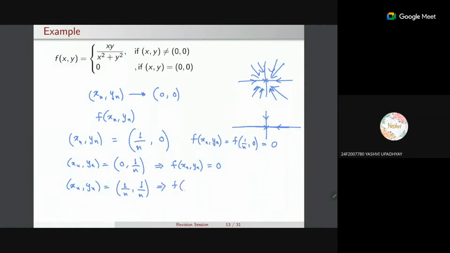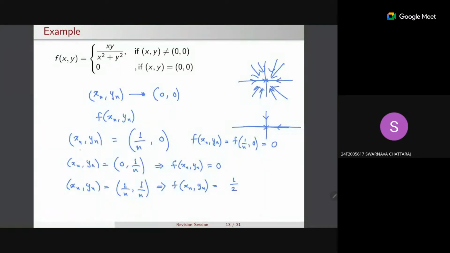Then what is f of xn, yn? It is finite. What is it? 1 by 2. Yeah, this will be half, right?